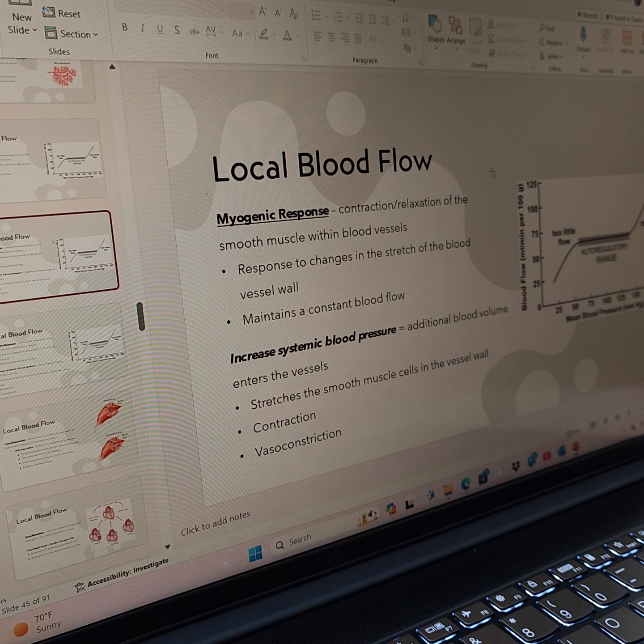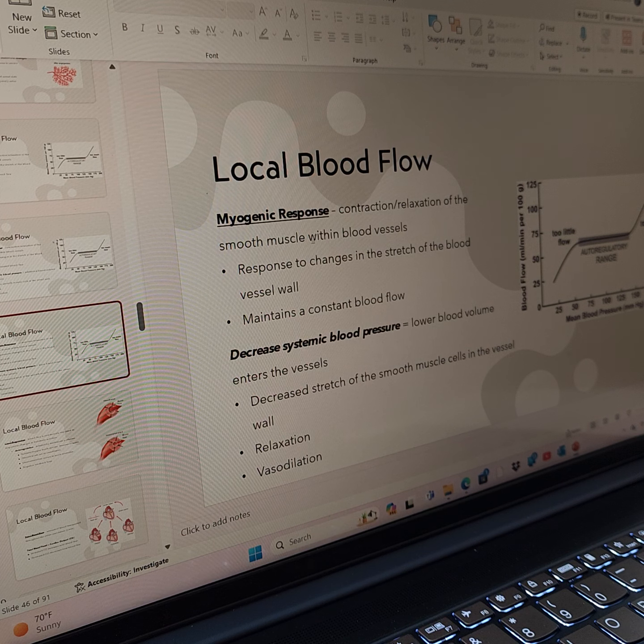It stretches the smooth muscle cells in the vessel wall. This causes contraction and vasoconstriction. With a decrease in systemic blood pressure, lower blood volume enters the vessels. This decreases the stretch of smooth muscle cells in the vessel wall, and this causes relaxation and vasodilation.